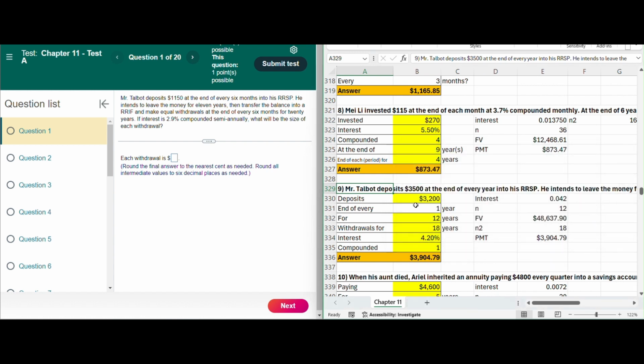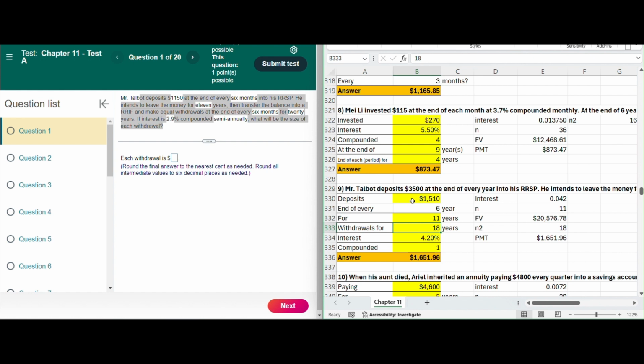Okay, let's start with the first question. So basically, we have just to identify the question that we need in our Excel worksheet and the one that is asked in person.